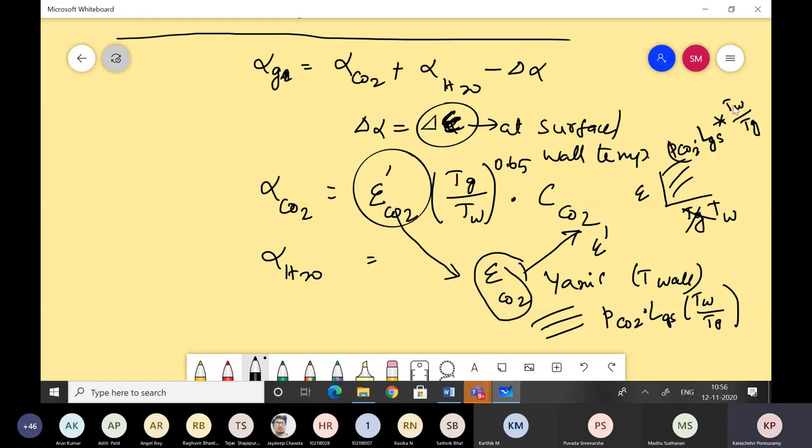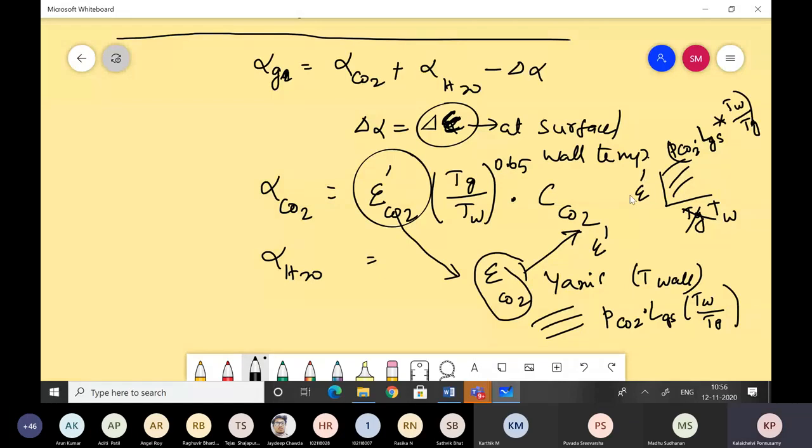But the values are same, right? Only thing you have to take this multiplication factor T wall by Tg, and accordingly you should look for the line corresponding to that. So that will be your E dash. Is it clear? Okay, ma'am.